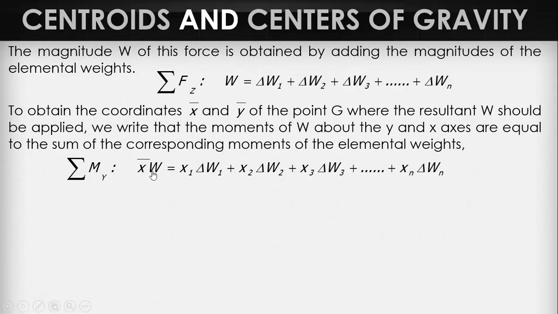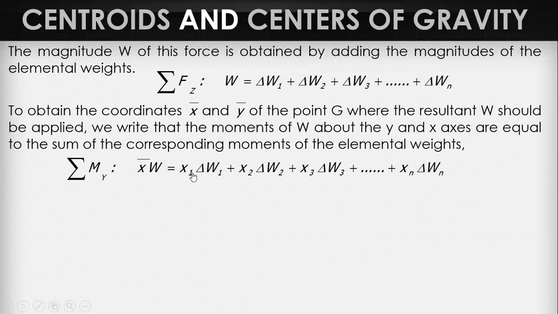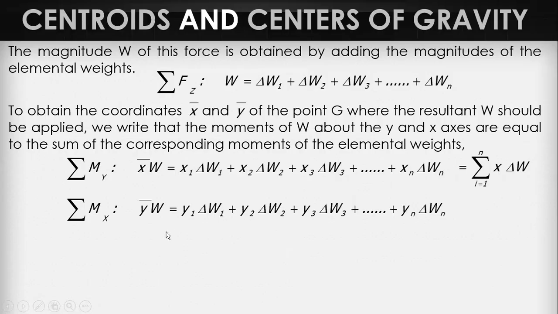So summation of moment about the y-axis, we can summarize this one, x sub 1 delta W sub 1 plus and so on, by this expression: summation of x delta W from 1 to n. The same with summation of moment about the x-axis, y bar W, and then we summarize the right side equal to this.